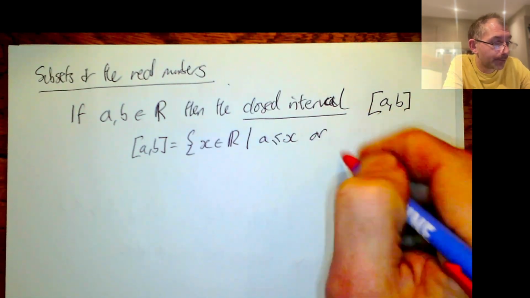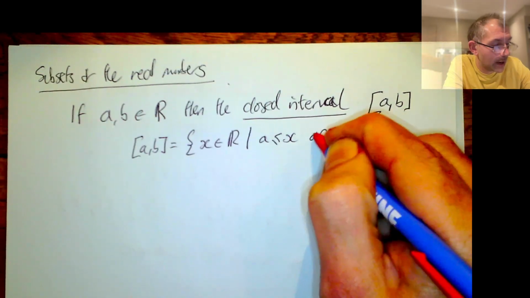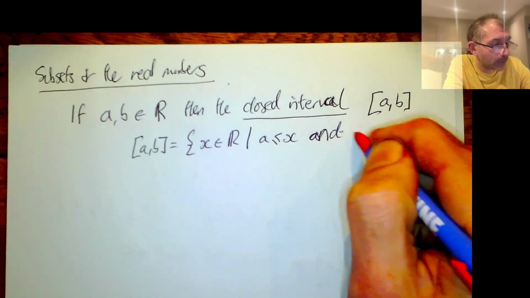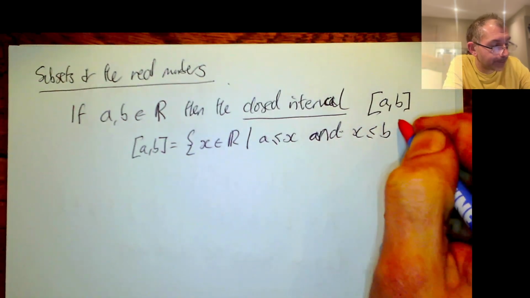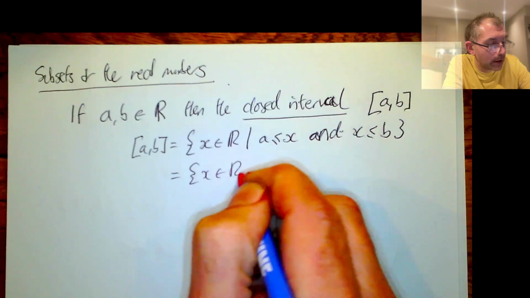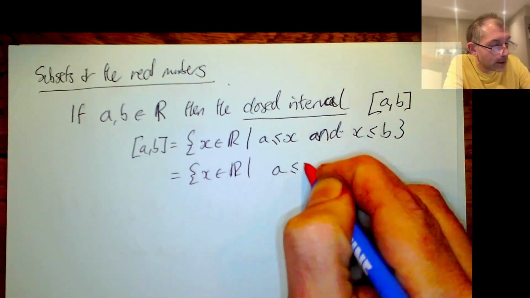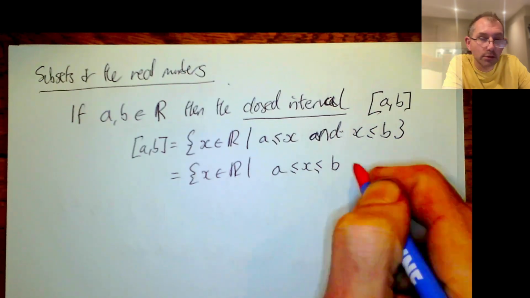So a is less than or equal to x and x is less than or equal to b. And we sometimes write that in the following way, just putting the two inequalities together because it saves a little bit of writing.